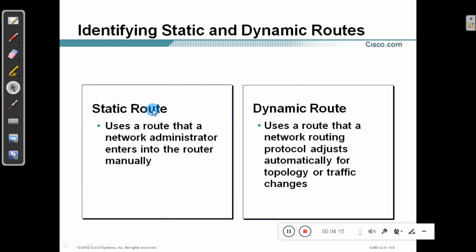Static routing is used in a small network where the network administrator has a clear idea about the network routes. But dynamic routing uses a route that the network routing protocol adjusts automatically for topology or traffic changes. Here, the routing protocol changes the routing information automatically based on the topology or traffic changes.